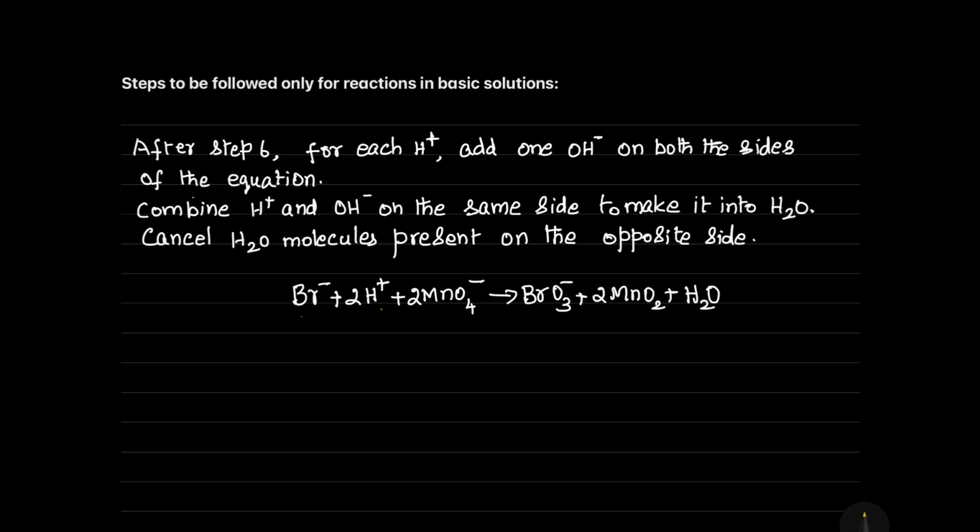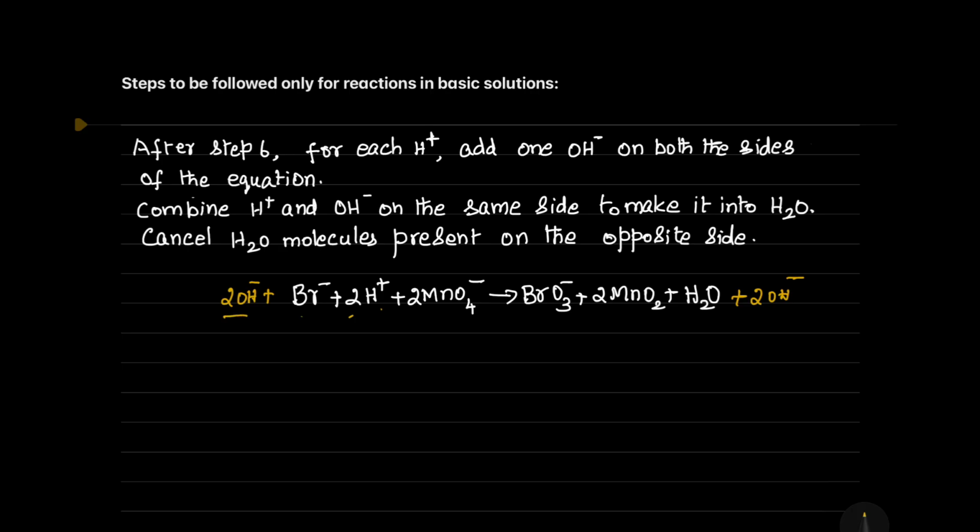For each, there are 2 H plus on the left side of the equation. For each H plus, one OH minus is to be added on both the sides. Therefore, we are adding 2 OH minus on the left side as well as on the right side. Then the OH minus and H plus on the same side are to be combined and made into water.